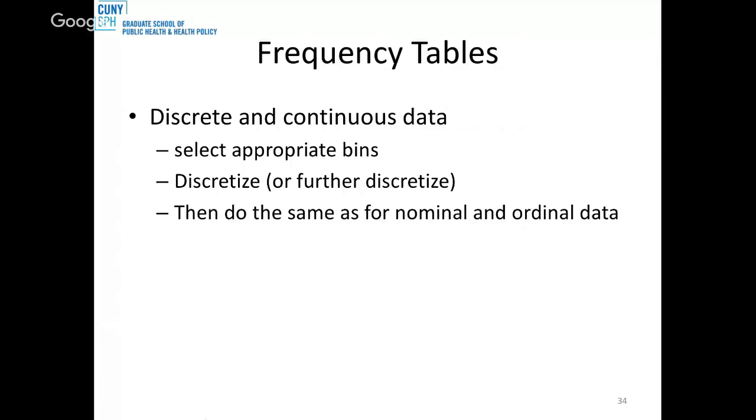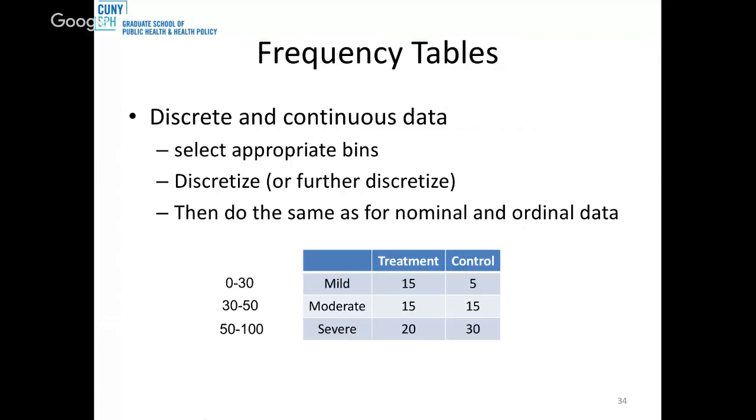So instead of weight, taking something like 100 to 130 pounds and counting the number of people who are in that range, then 131 to 150, and counting in there. So that is discretizing, or making more discrete, the data, and then treating them the same way as we did for the nominal or ordinal data.